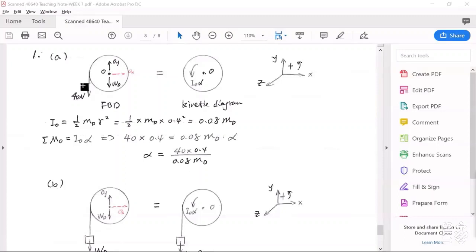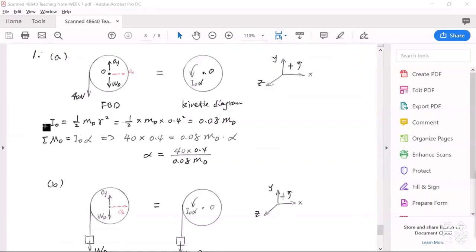So let's look at my solution here. For case A, only one rigid body. That's the free body diagram. That's the kinetic diagram. I use a conventional XY coordinate system.